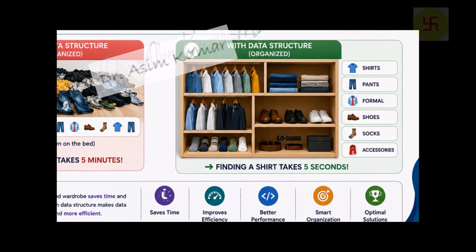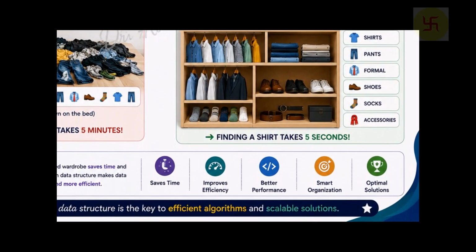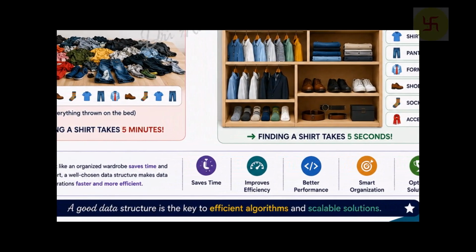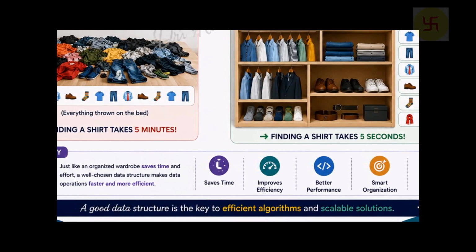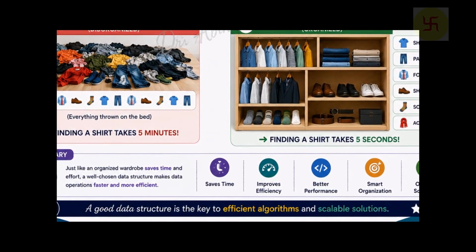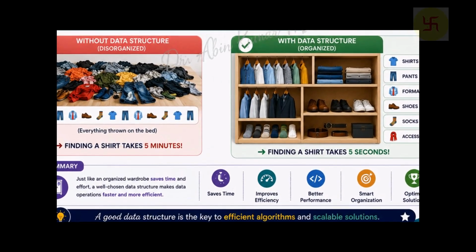In computers also, data may be huge. If it is not organized properly, searching and processing it can take more time. A good data structure helps us save time, improve efficiency, and achieve better performance.